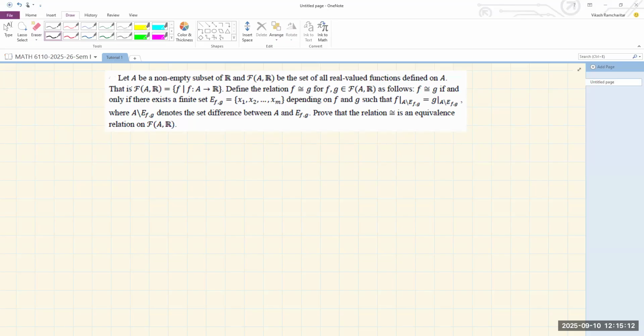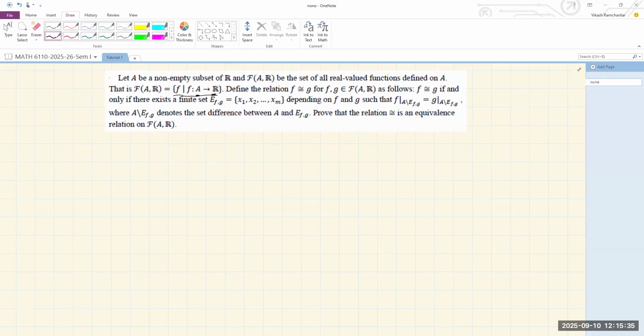So the first one is saying, let A be some non-empty subset of R, and the script F be the set of all real valued functions defined on A. So what's a real valued function? Well, it's just a function that maps from A into the real numbers.